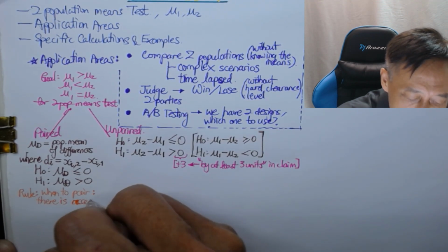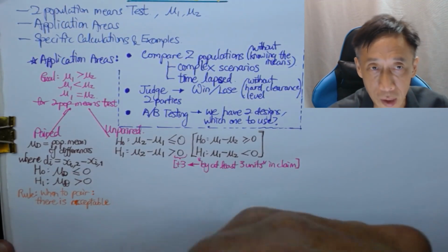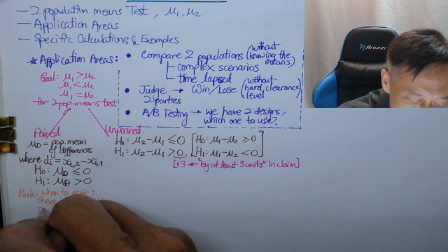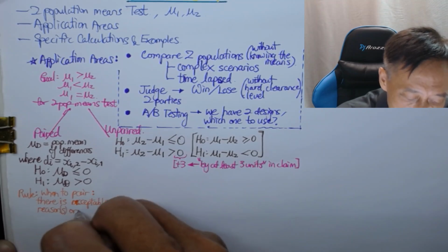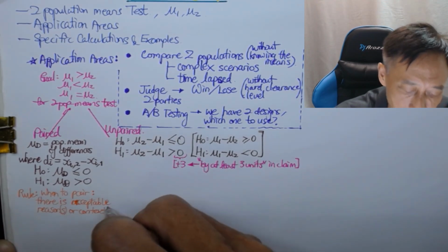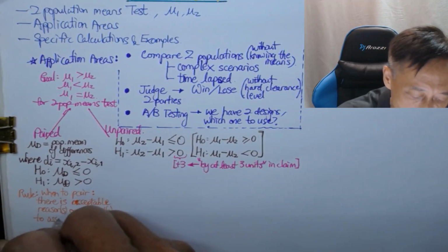You can invent your own reasons, but it may not be acceptable, right? To your audience, to the general public, acceptable reasons or contexts, like from the same family, right?